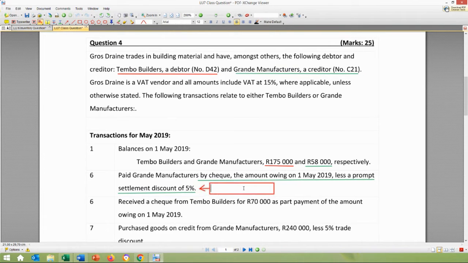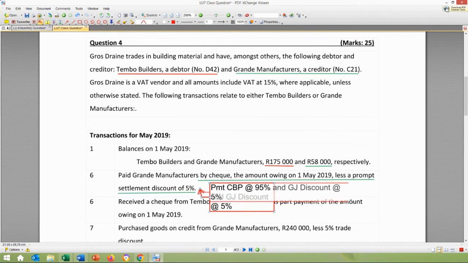I'm just going to write here. Payment in our cash book payments would be at 95%, and then we would have had a general journal for the discount at 5%. Okay, now remember, we want to show the full transactions in our creditors ledger.